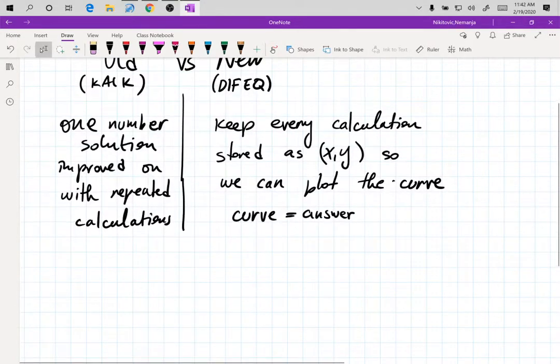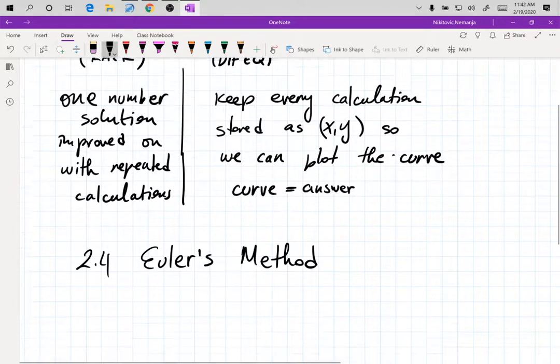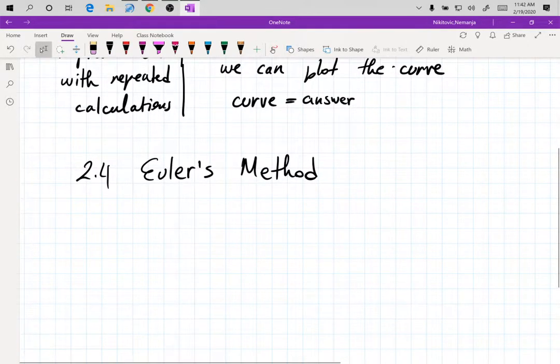The first method for 2.4 is Euler's method. So welcome to being 250 years behind with this, maybe more, 300 years behind.